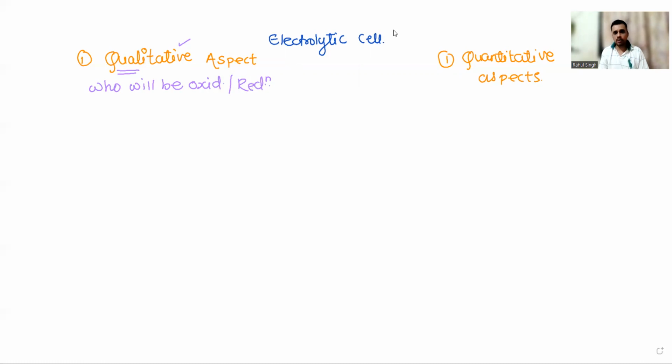So how are we going to find out who will get oxidized and reduced? Basically it depends on certain factors which affect the oxidizing and reducing properties.